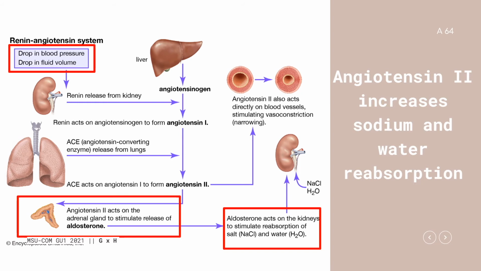Angiotensin II would then, from its name, angio meaning vessel and tensin meaning tense, act on blood vessels, stimulating vasoconstriction, therefore less blood vessel diameter, therefore increase in blood pressure.